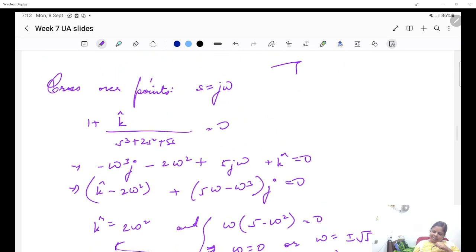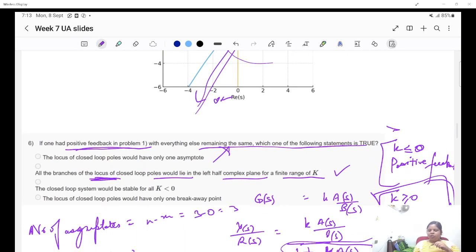So from here we can say that all the branches of the locus of closed loop poles would lie in the left half of the S-plane for finite value of k.